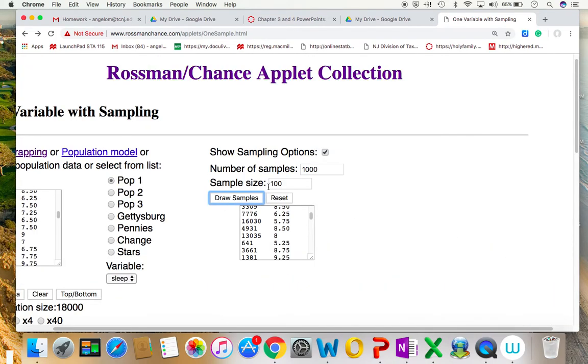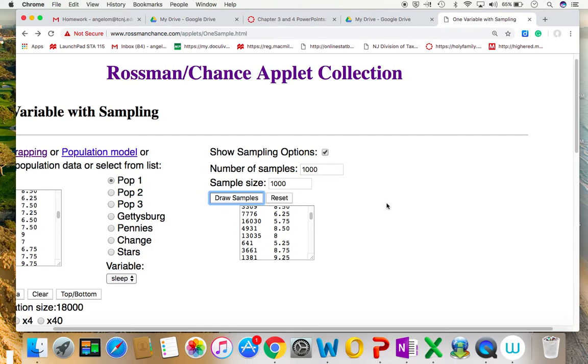So let's go back up here. Sample size of 1,000. Now we're generating 1,000 samples of sample size 1,000. This process would take forever. It's the beauty of this application. It does it in a split second.